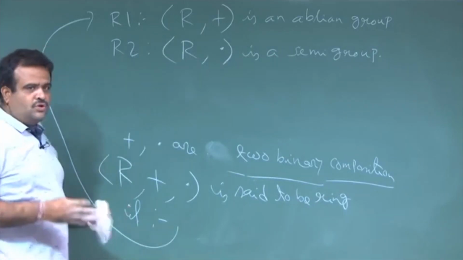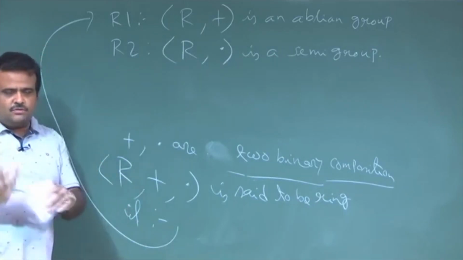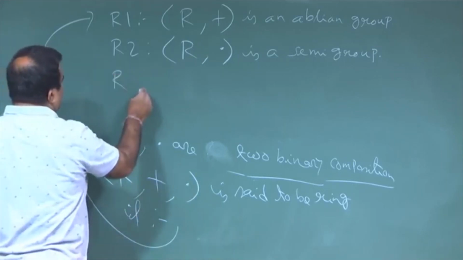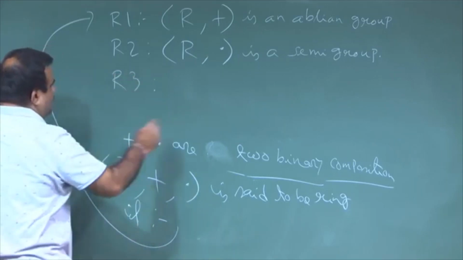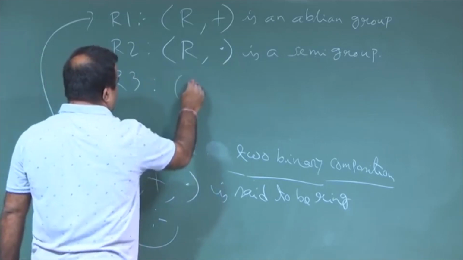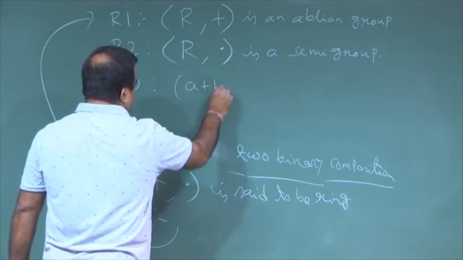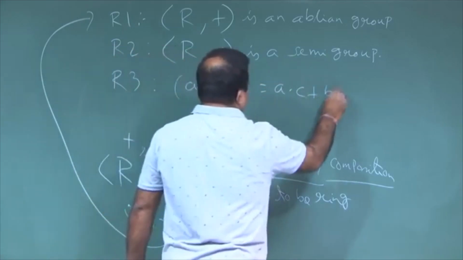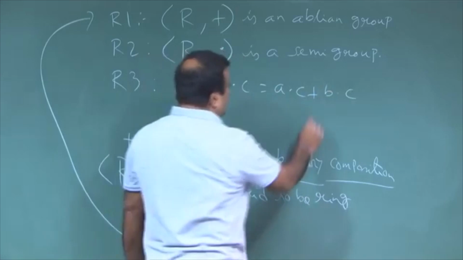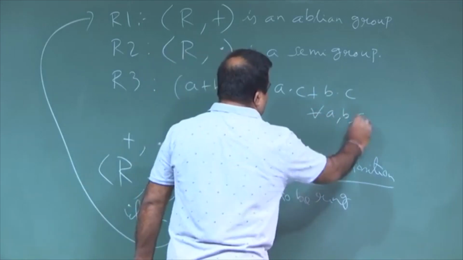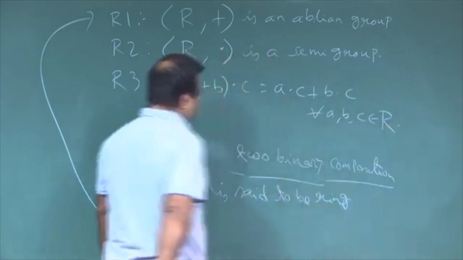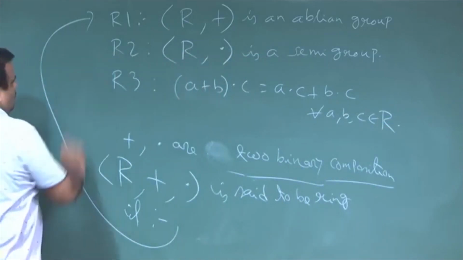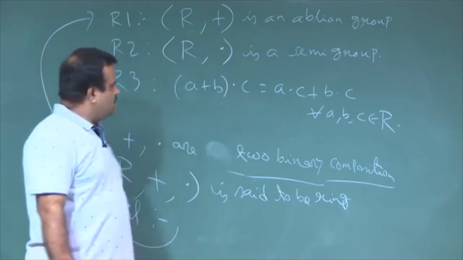And we have two distributive properties, which deal with both operators. This is rule 3. A plus B dot C is equal to A dot C plus B dot C, and this is true for all A, B, C belonging to the set R. This is called the right distributive law, because this is the right side operation.